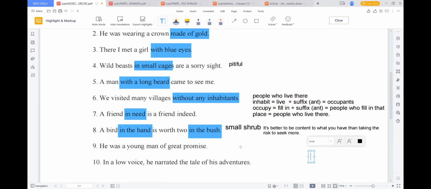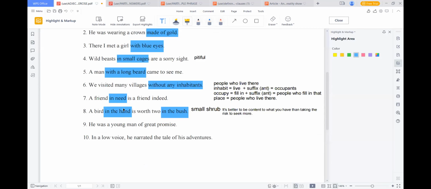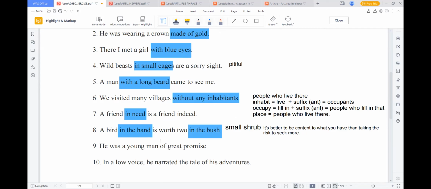Can you read this one, number 9? He was a young man of great promise. So which one is the adjective phrase? Of great promise. Good job.